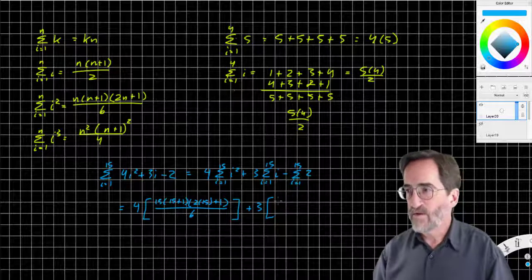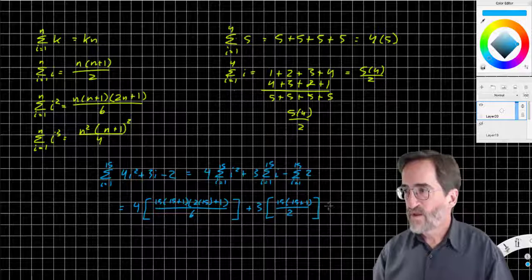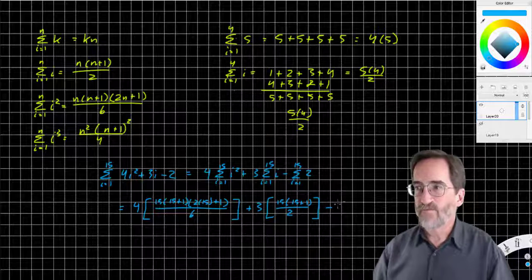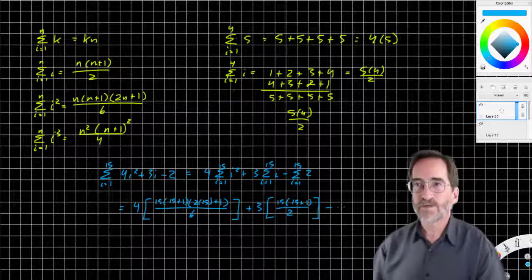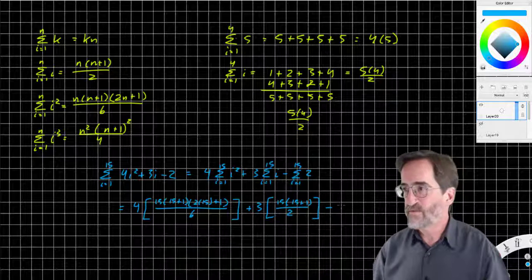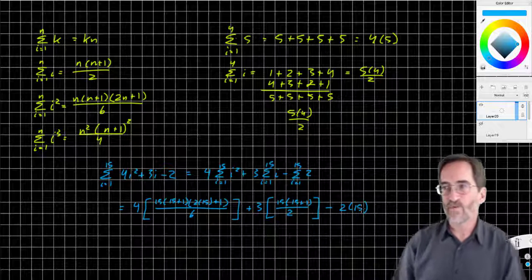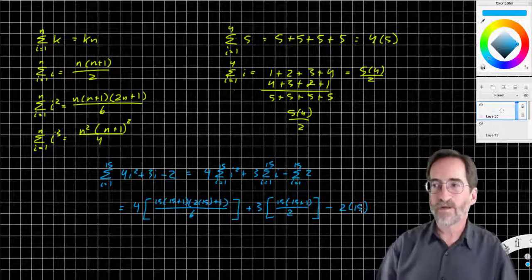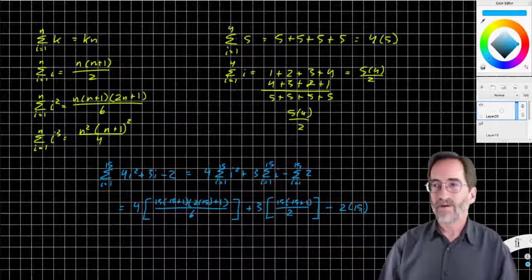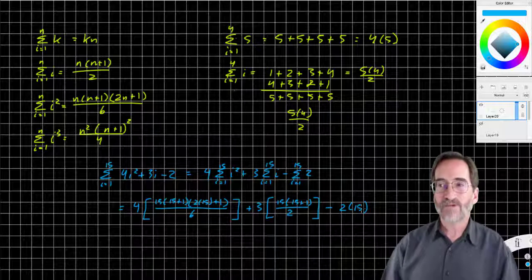That's going to be 15 times 15 plus 1 divided by 2, minus the sum from 1 to 15 of 2, which is going to be 2 times 15. Okay? And I'm going to leave the rest. If you want to do the arithmetic or punch it on a calculator, you can do that. But that's the sum of this particular series.